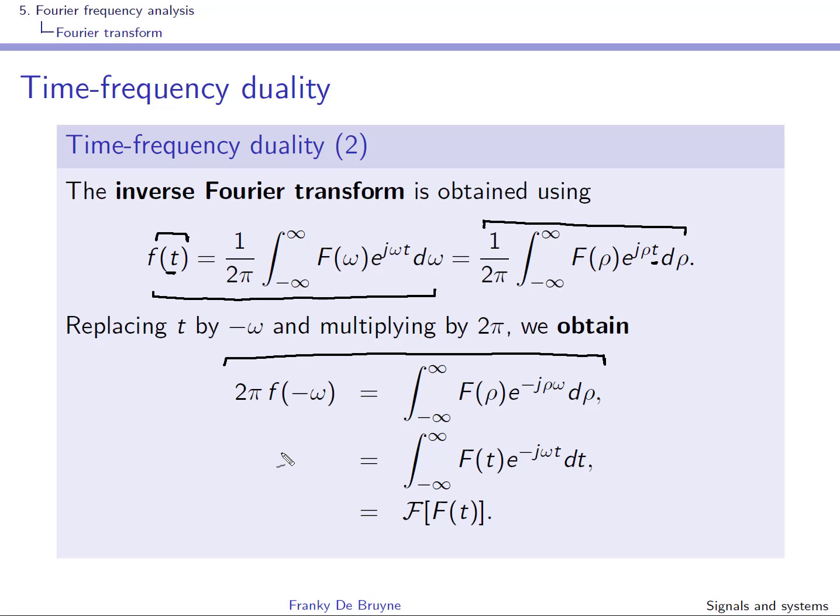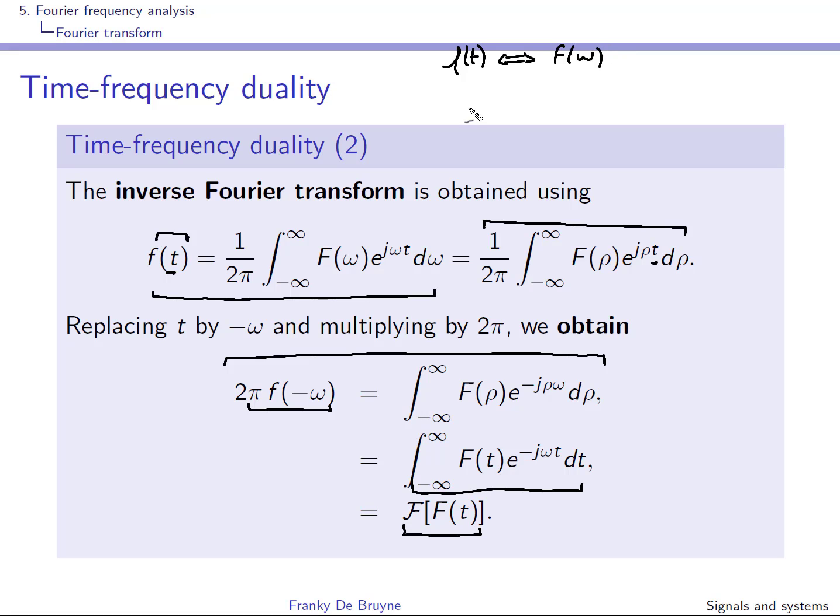So we have that this thing over here is equal to this integral, and this is indeed the Fourier transform of f of t, right? So if we have a first Fourier pair f(t), F(omega), then we can construct another one.